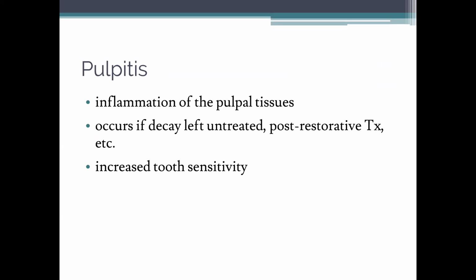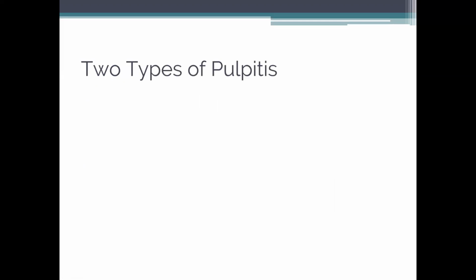I can put a filling in and you have sensitivity after the filling was placed. That's pulpitis. You have inflammation of the pulp. The pulp wasn't really thrilled about you going in there and playing near it. And with pulpitis, we're going to inflame the pulp and see sensitivity. We have 2 different types of pulpitis: reversible and irreversible.